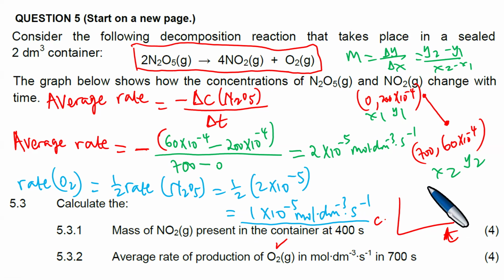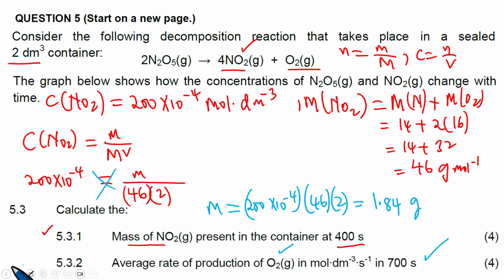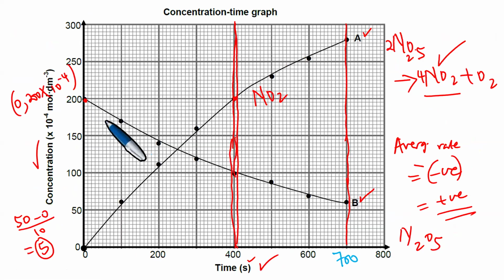But like I said earlier, this is not the only way. Here we used graph B, this graph that runs down a slope. But we can use graph A, because now we can see there's an increase in concentration.